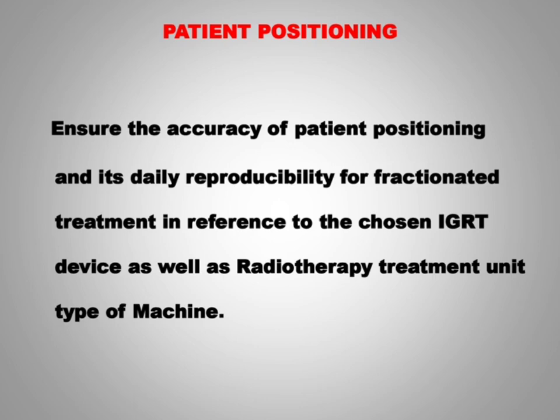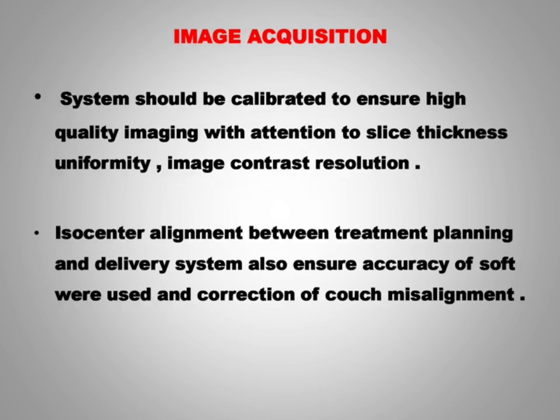Patient positioning is also very vital. Ensure the accuracy of patient positioning and its daily reproducibility for a fractionated treatment, in reference to the chosen image-guided radiotherapy device, as well as the radiotherapy treatment unit and type of machine. The image acquisition system should be calibrated to ensure high quality imaging, with attention to slice thickness uniformity.